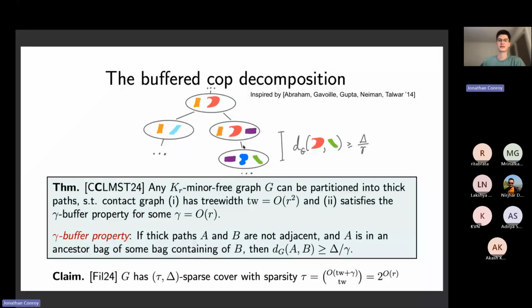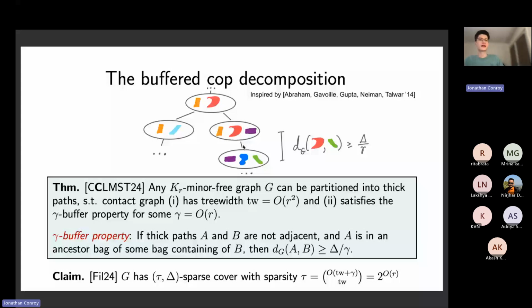If you have thick paths A and B that aren't adjacent, and additionally A is in some sense an ancestor of B, the formal definition being that A is in some ancestor bag of a bag containing B in this tree decomposition, then their distance is at least delta divided by gamma.